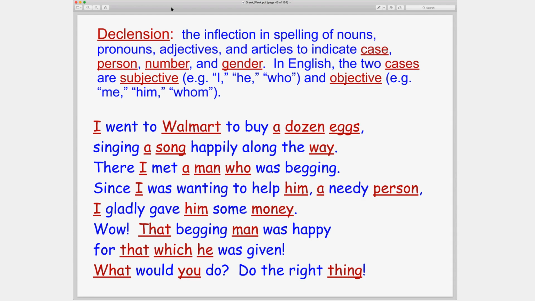So, if I went to Walmart to buy a dozen eggs, I would sing a song or something like that. So the word "if" would make it a conditional phrase. Okay, perfect. Thanks. All right, good.